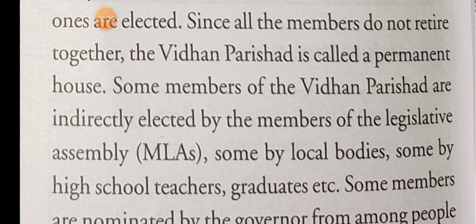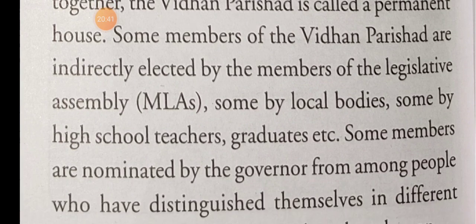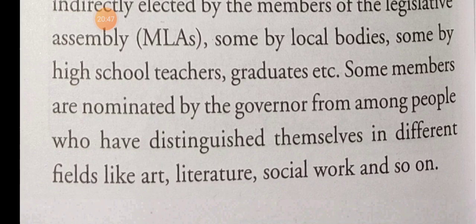The members are elected by the members of Legislative Assembly, some by the local bodies, and some by the high school teachers, graduates, etc. And some members are nominated by the governor from among people who have distinguished themselves in different fields, means who have done a lot of work for the society in the field of art, literature, social work, science, etc. So the governor nominates some of the members for Vidhan Parishad.